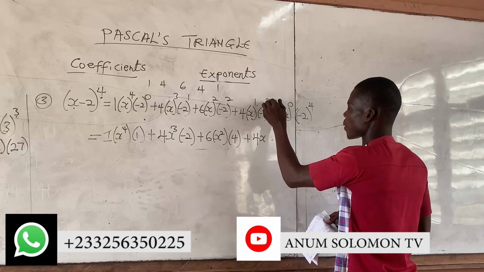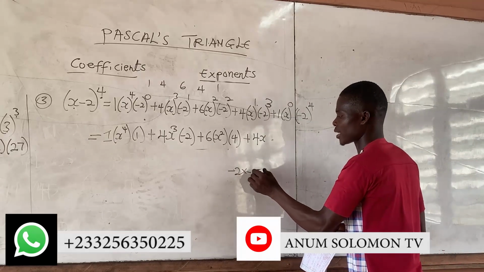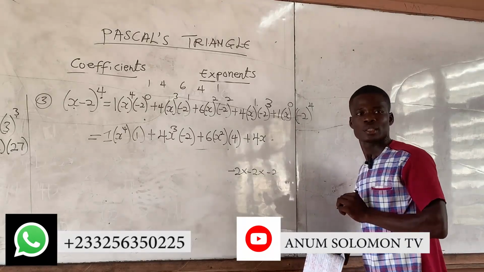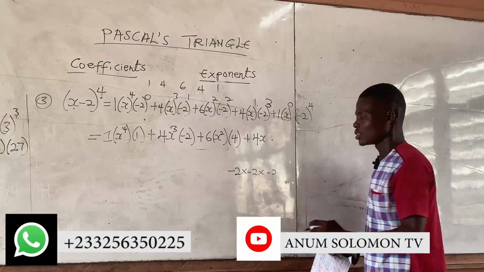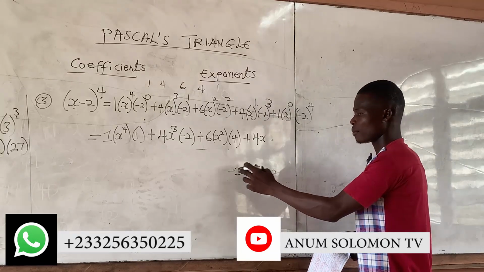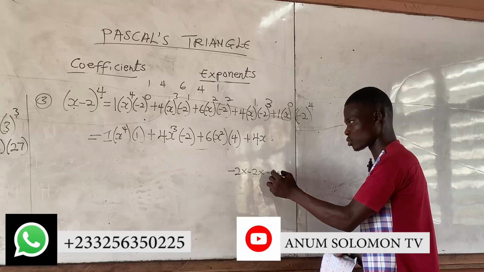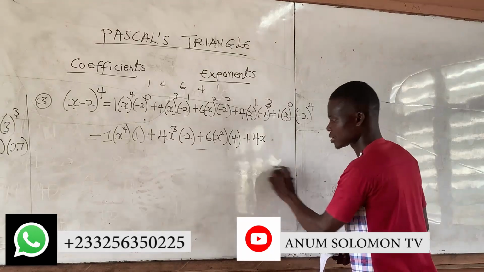Negative 2 to the power 3 means minus 2 times minus 2 times minus 2. Minus 2 times minus 2 is positive 4. Positive 4 times minus 2, the result will be negative 8.